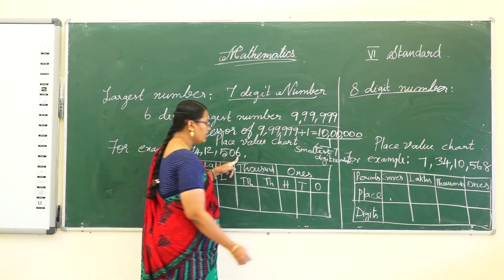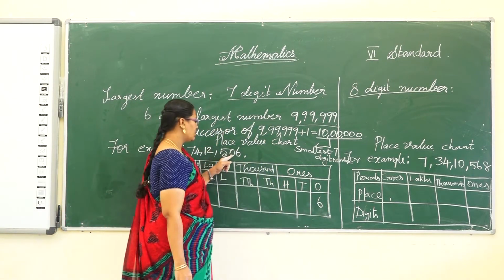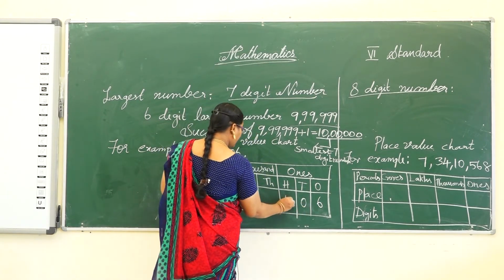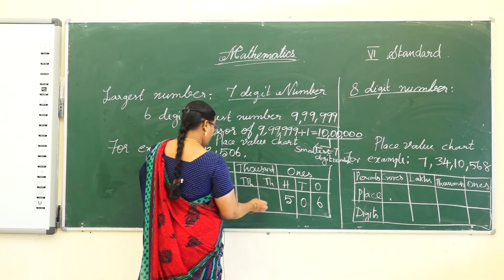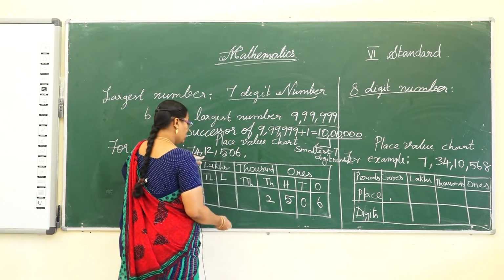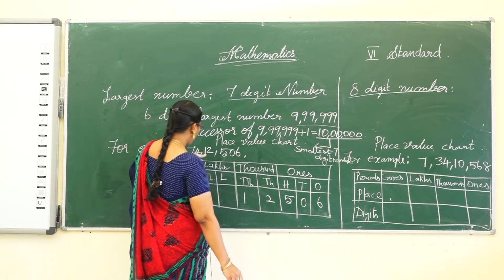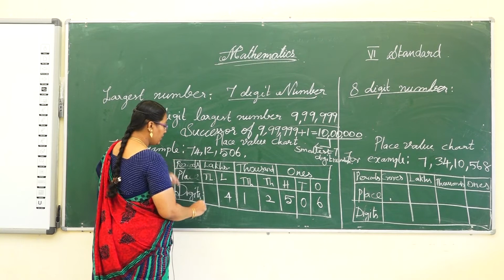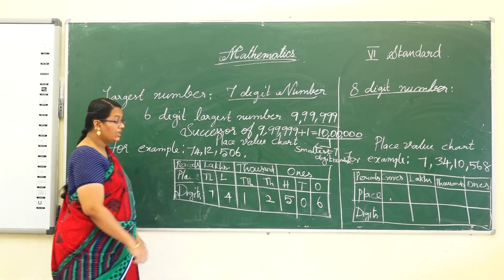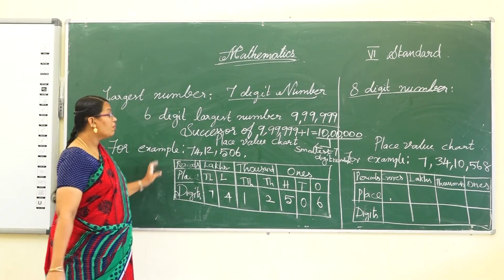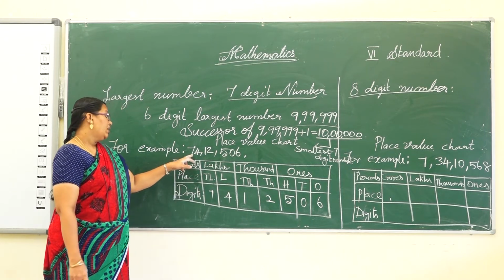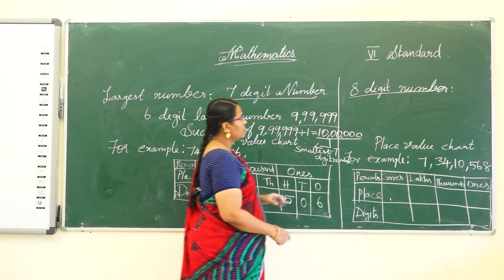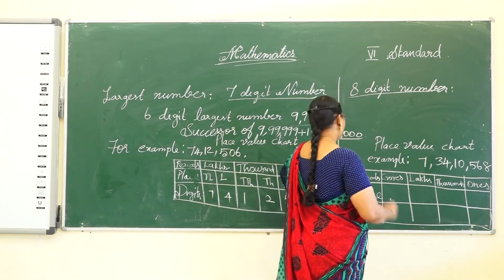So the ones digit is 6, tens digit is 0, hundreds digit is 5, thousands digit is 2, ten thousands digit is 1, and lakh digit is 4. The 10 lakh digit is 7. That is the place value chart for 74,12,506.